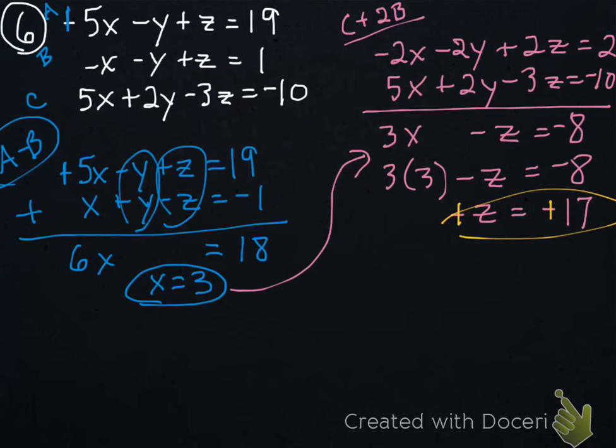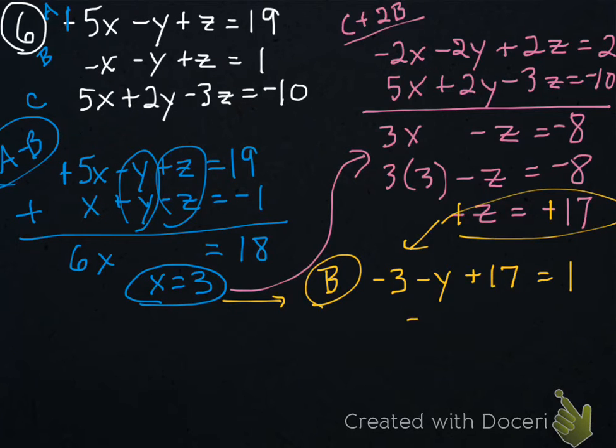Now let's plug both of those into our B equation so that we can find y. So I would have negative 3 for my x minus y plus z, which is 17, equals 1. Simplify, I have negative y plus 14 equals 1.